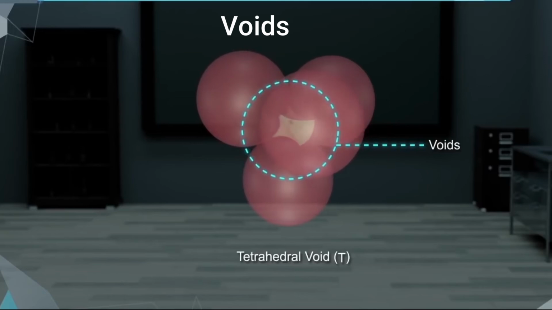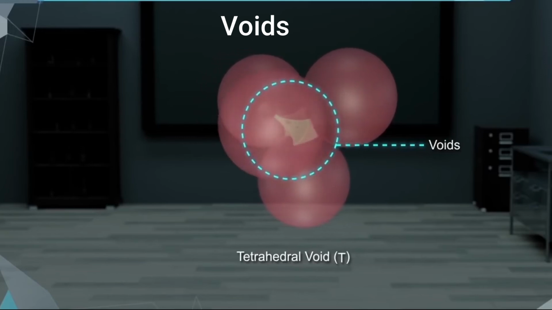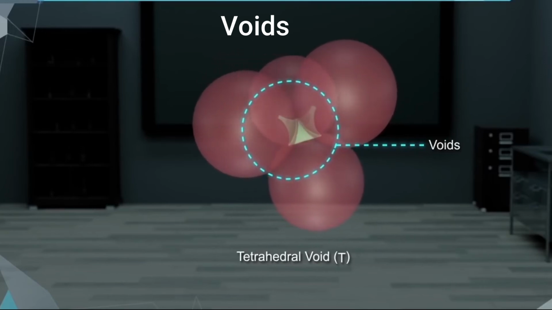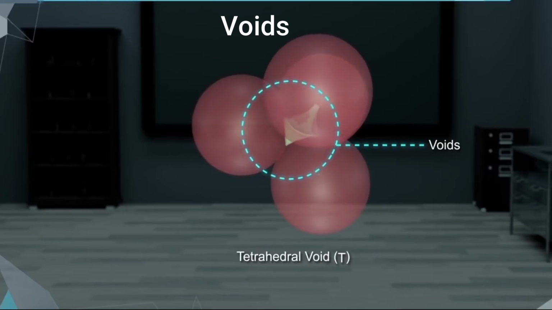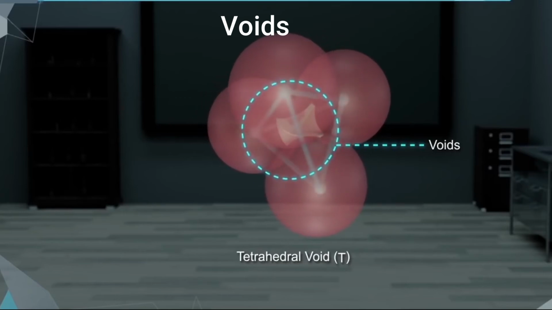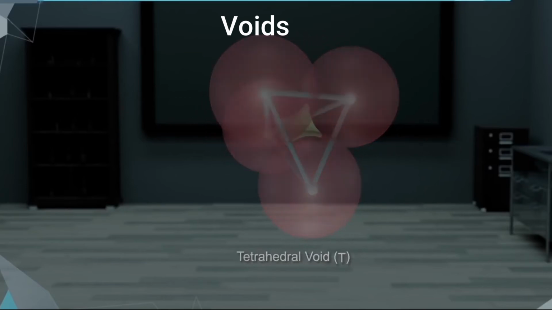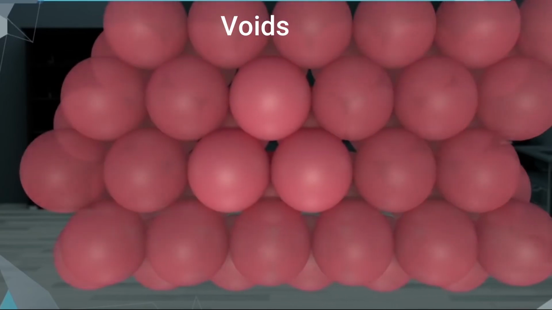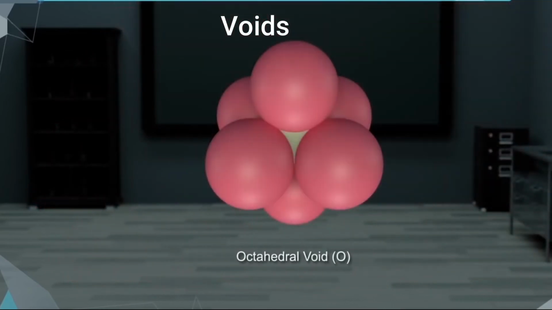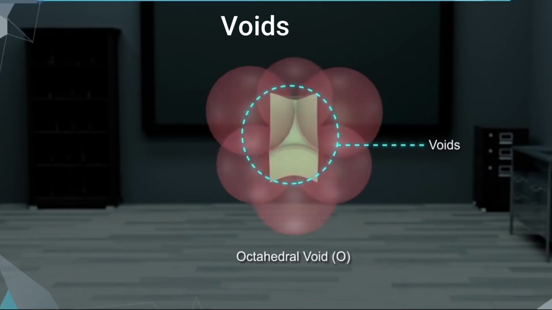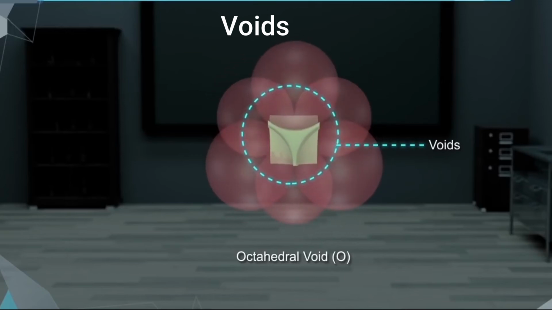In this hexagonal close packing, the unoccupied spaces are enclosed by three spheres touching each other and lying in the same plane, equilateral triangle in shape. Therefore, such vacant spaces are termed as triangular voids or trigonal voids. Octahedral voids are formed by six spheres. When the voids of two adjacent layers overlap, they are called octahedral voids, as shown here.